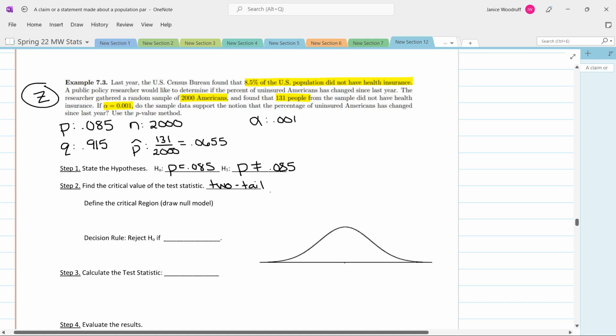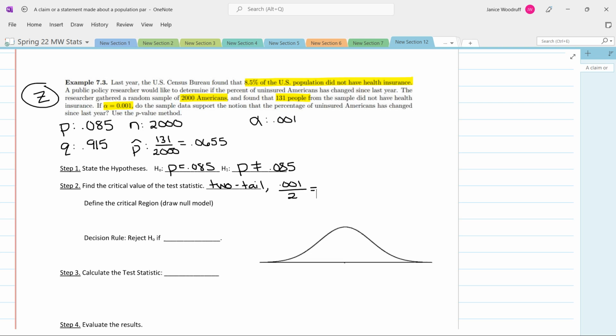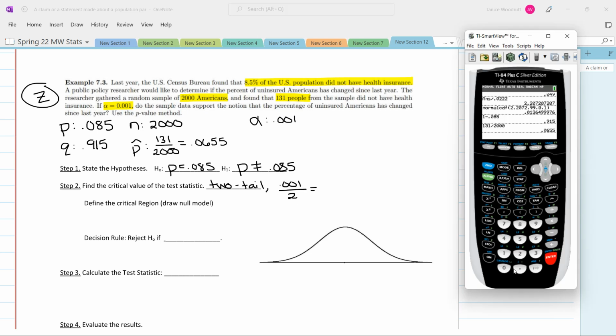If my significance level is 0.001, I need to take that 0.001 and divide it by 2. So that would be 0.0005, 3 zeros and then 5, 4 decimal places.